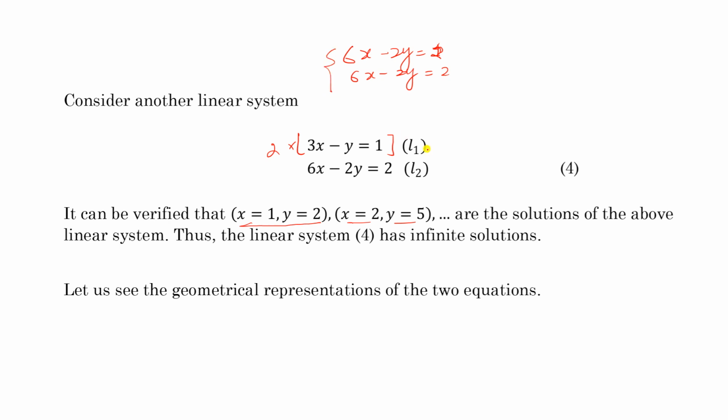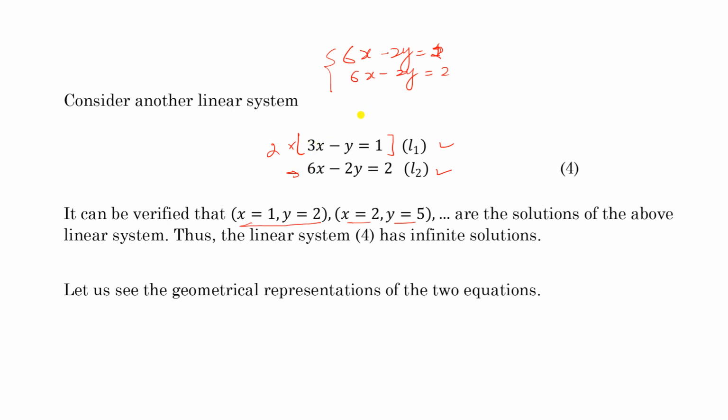It means actually two lines are given here, but in fact the two lines are the same. You can obtain this equation from that one, simply multiply it with 2 and you get the second line. So in fact there is only one line.